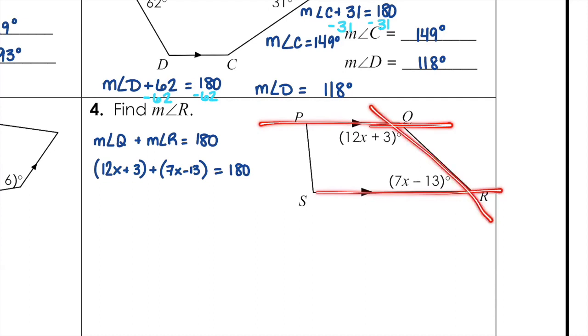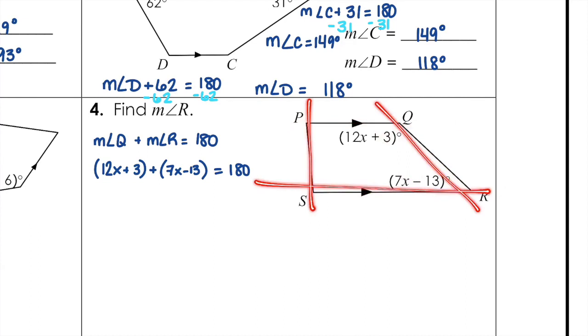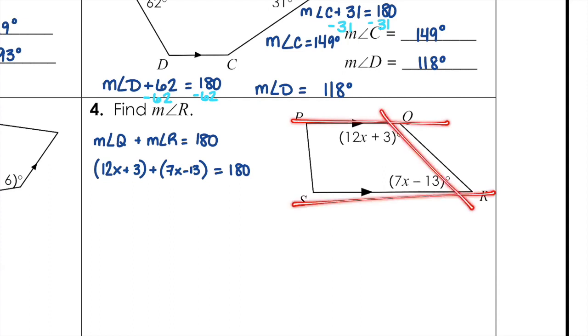And that would be my transversal, which makes these same side interior. But does that relationship exist there? Are my outside lines parallel? No. You could put 12x minus 3 and then angle P, but do we know anything about angle P? So that's what makes this relationship exist: our same side interior angles.